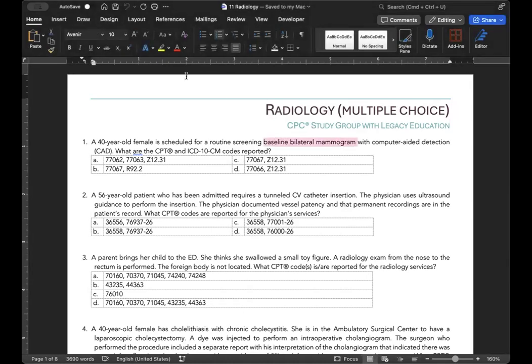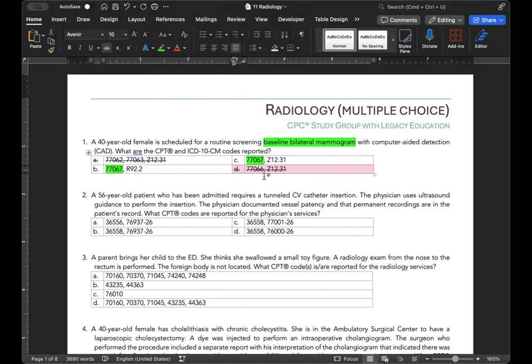So we do need that one. We're going to rule out A and D, and then we need to decide, do we need Z12.31 or R92.2?